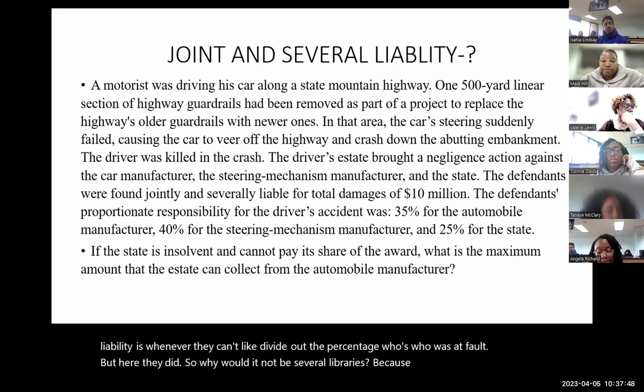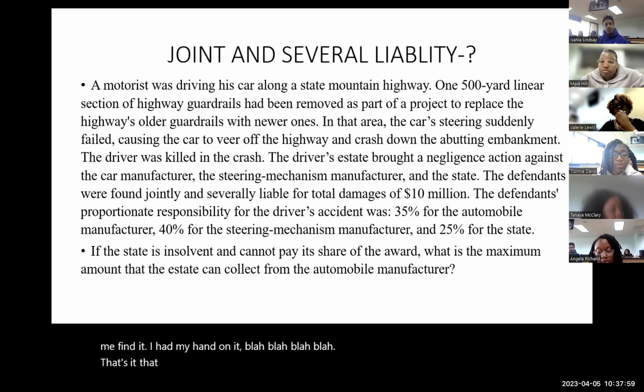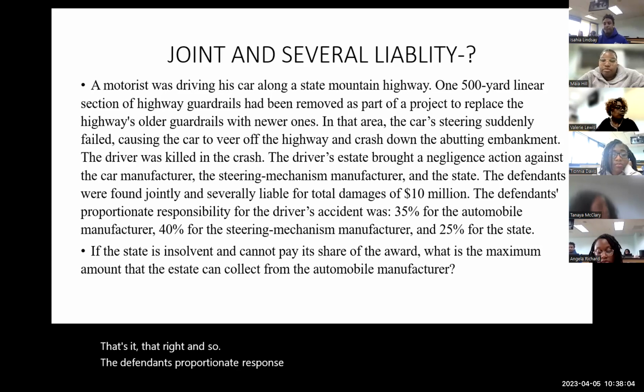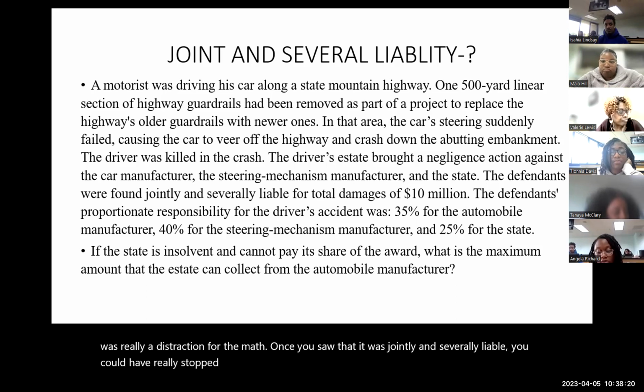Because it's telling you that the defendants were found jointly and severally liable for damages. Even though they were able to get the percentages, the defendant's proportionate responsibility really was a distraction for the math. Once you saw that it was jointly and severally liable, you could have really stopped reading right there.